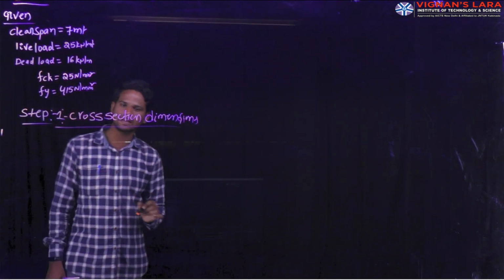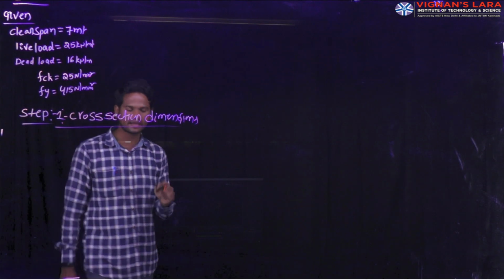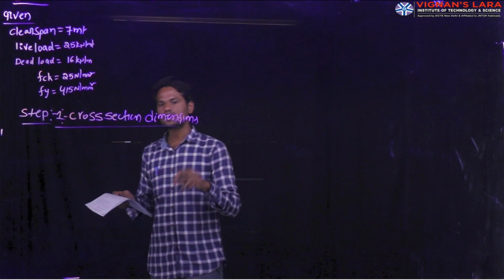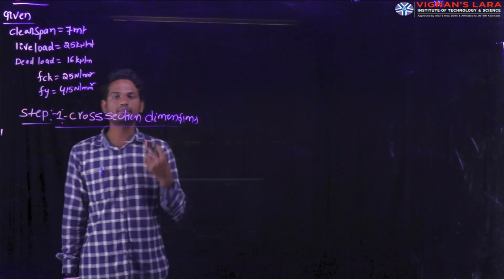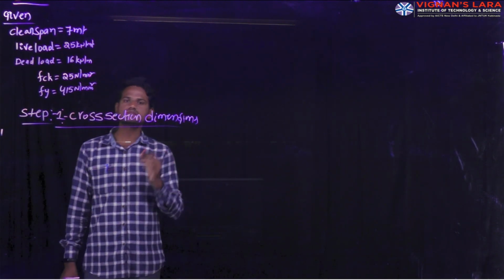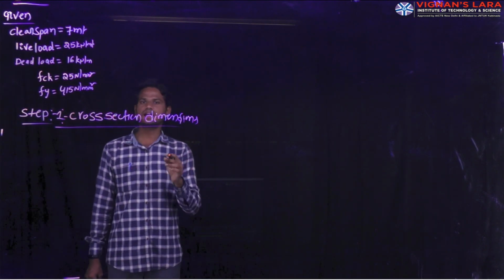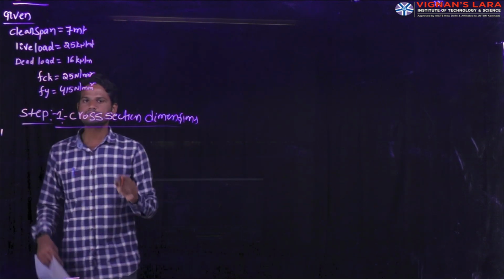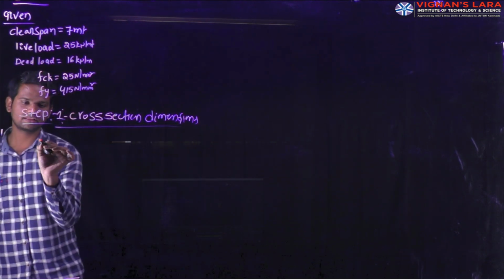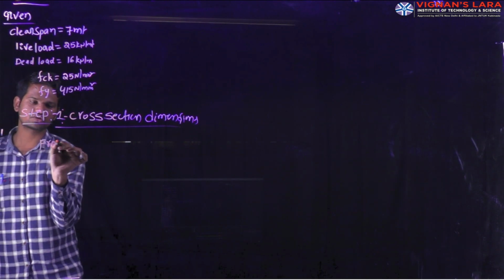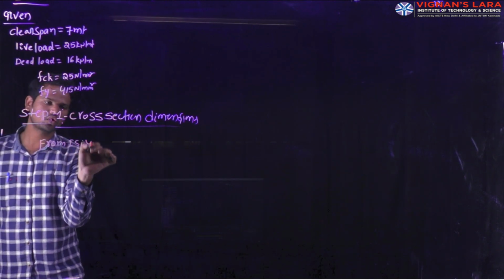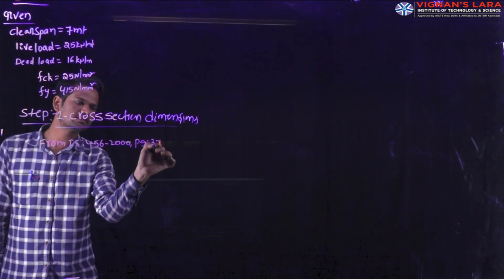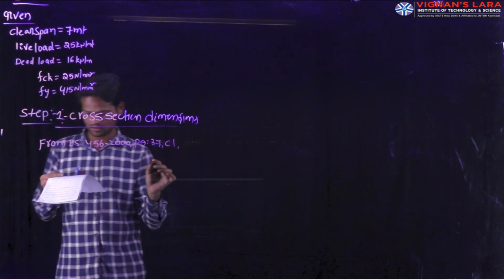From this I am calculating the span to depth ratio, again from IS 456:2000, page number 37, clause number 23.2.1. Our beam is a simply supported beam. For this simply supported beam, based on the support condition and the loading condition, we have to calculate the span to depth ratio.